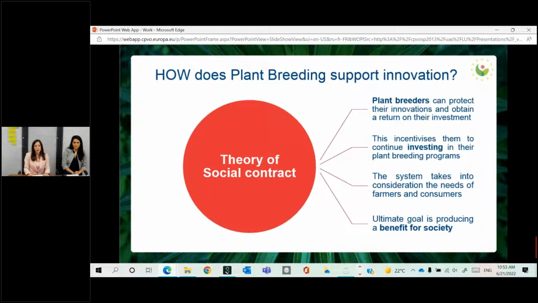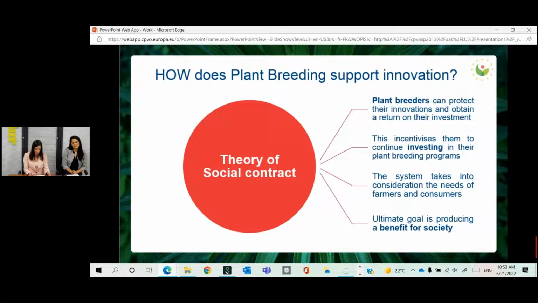Now, what is the role of intellectual property rights in this scenario? Here we need to mention the theory of social contract applicable to all intellectual property rights systems. And the plant variety rights system is no stranger to this theory.